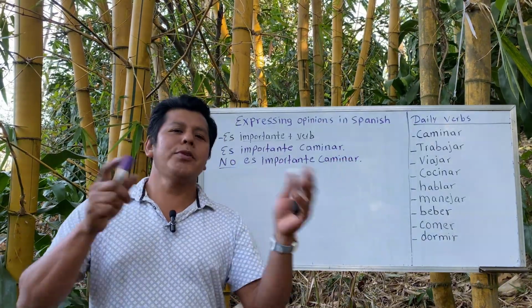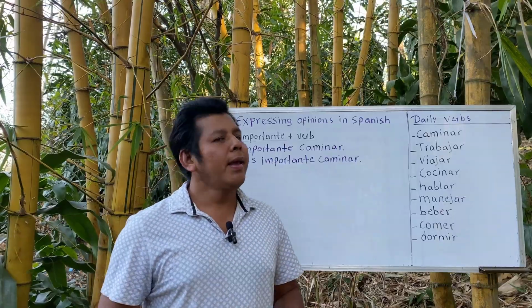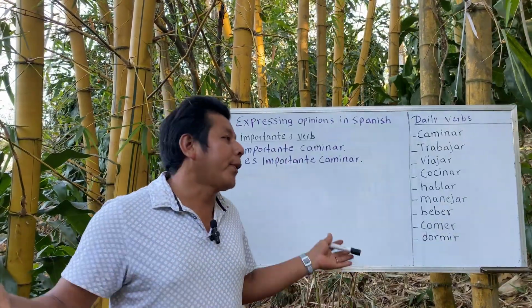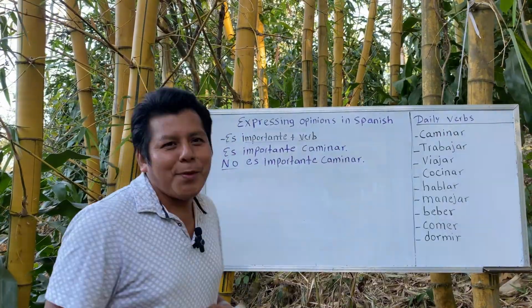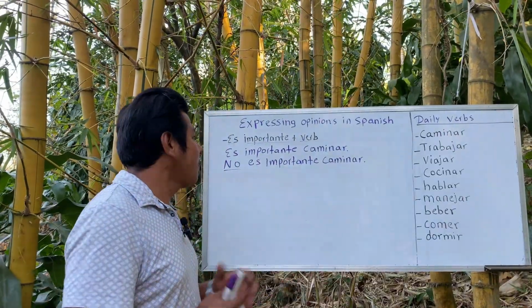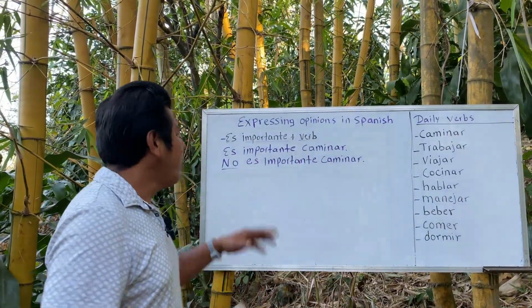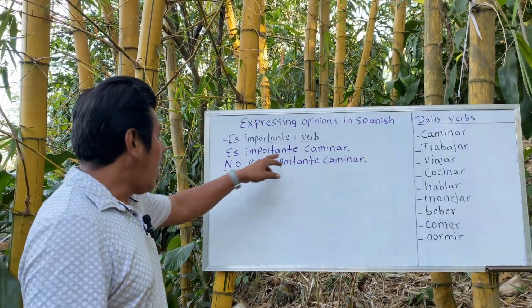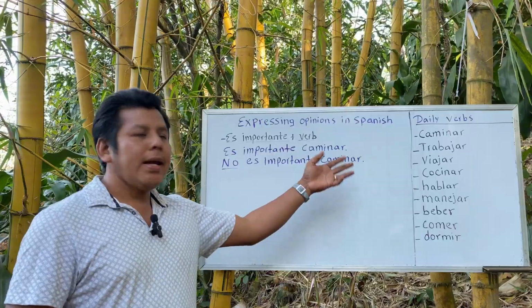For example, you say es importante caminar, and I can say in negative, no, no es importante caminar. Possibly I don't want to do exercise, but anyway, we have here two sentences, affirmative and negative.